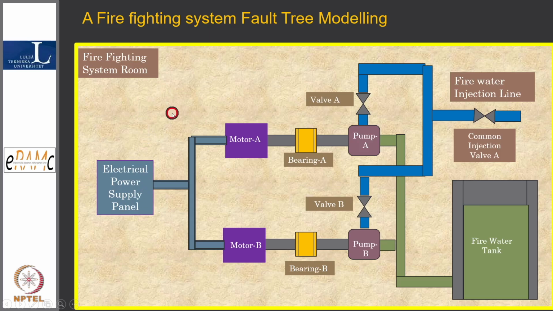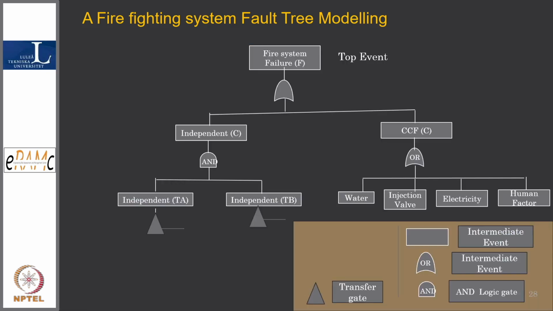It could be flooding also, it could be fire. Even though it is a firefighting system, this also has opportunity to see some fire event, so then it will affect the system adversely. So if we have understood this diagram, we go to the next slide and we see how the fault tree looks like.